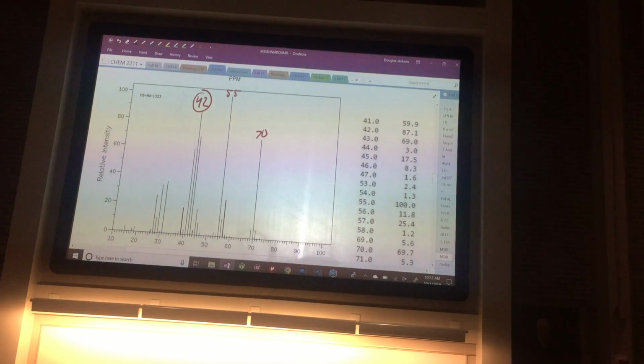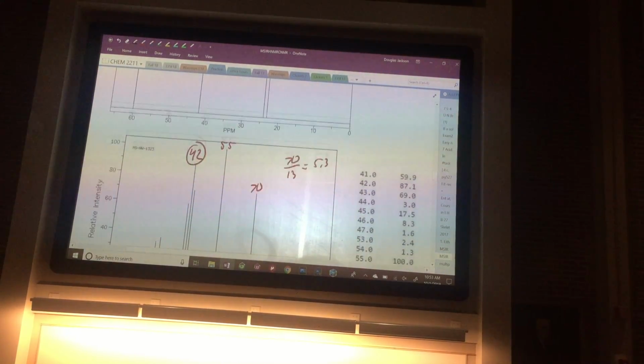At this point I'm thinking, what's going on? Luckily, you've got a carbon NMR that can help. How many carbons does this have? Well, 70 divided by 13 suggests 5 are possible. Let's look at the carbon NMR.